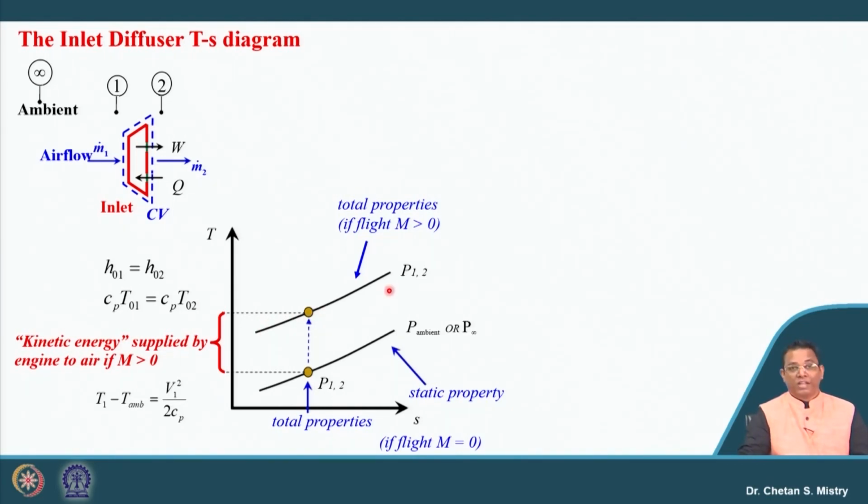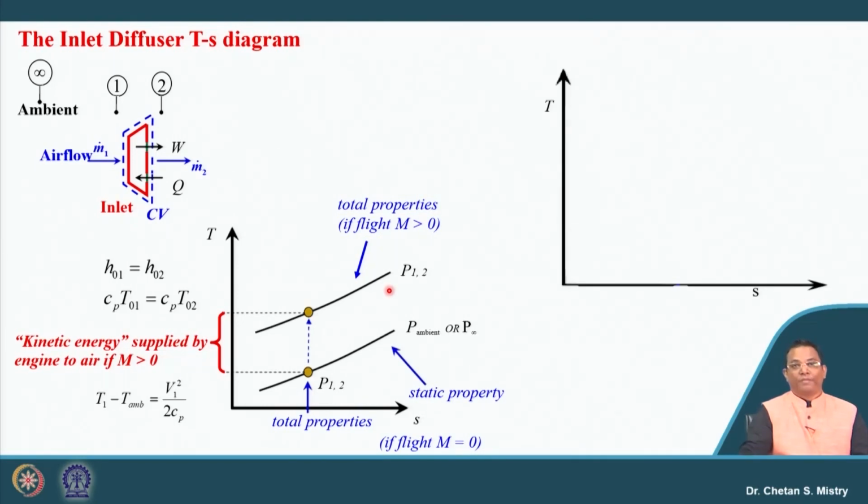So, let us try to understand what exactly is the meaning of that. Suppose this represents my ambient condition, this is my entry condition and my exit condition. Let us put this as representing my entry condition P infinity.